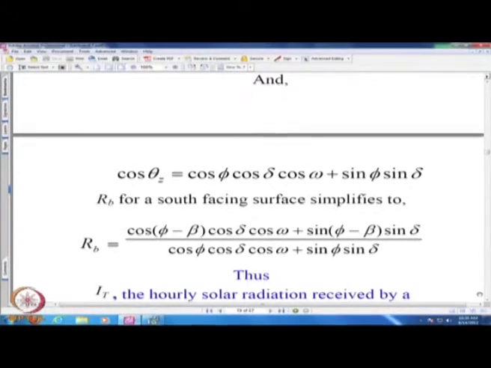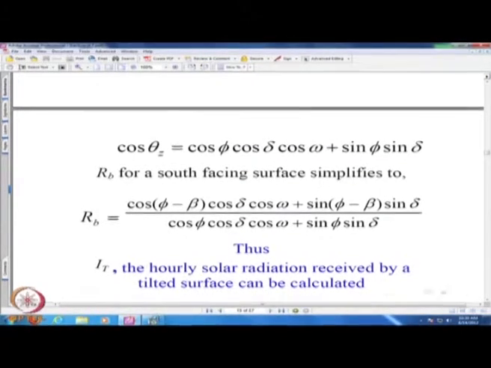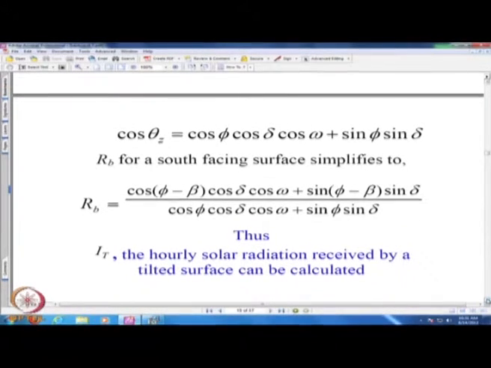So, for a south facing surface it is simpler. Now, you will find that if you put beta equal to 0, obviously these two things will be equal. It is the zenith angle, that is for a horizontal surface. So, in other words, a tilted surface at a latitude equal to phi behaves like the horizontal surface at another latitude phi star equal to phi minus beta.